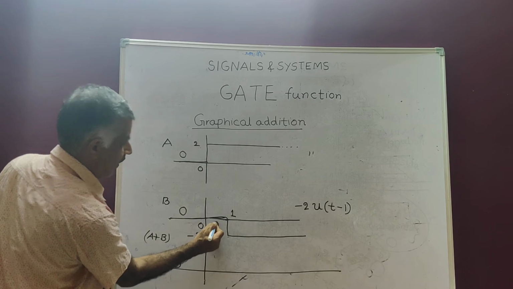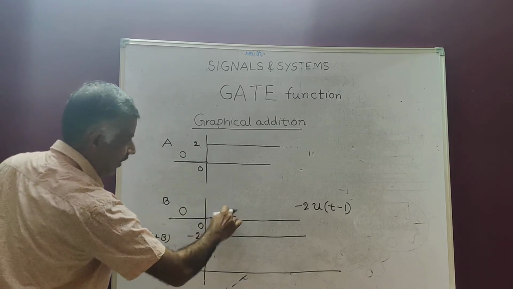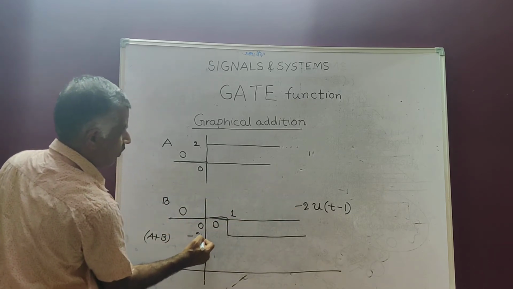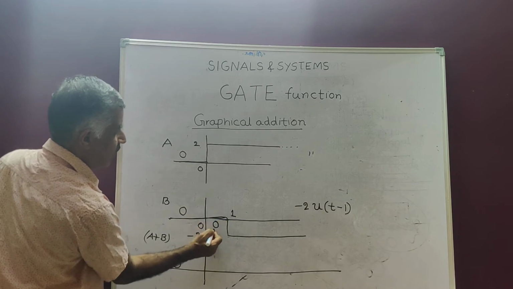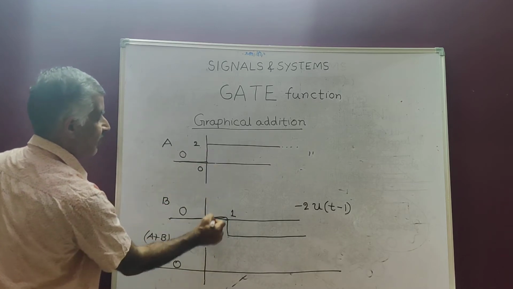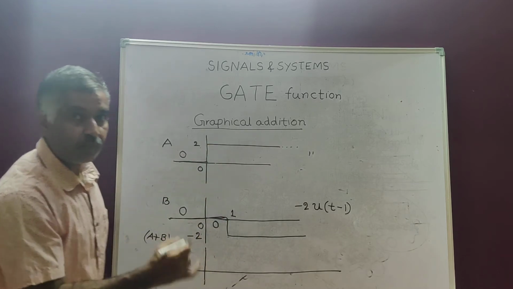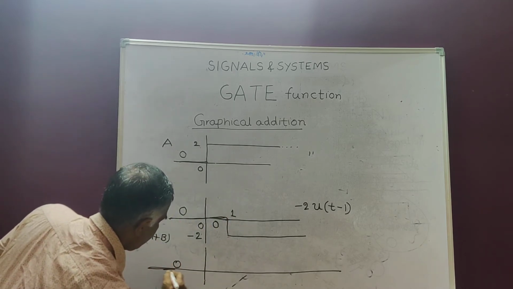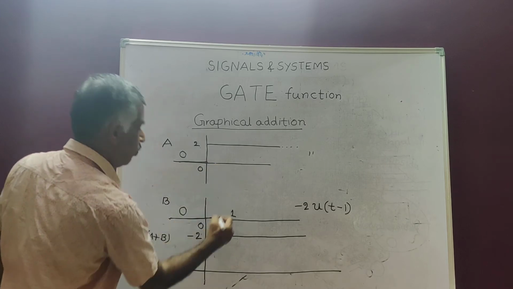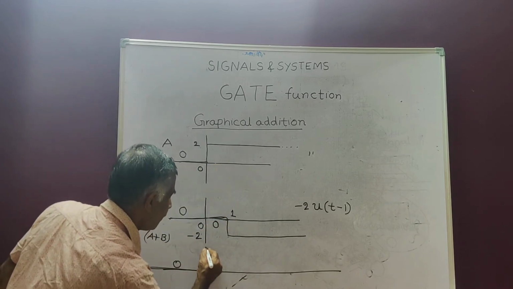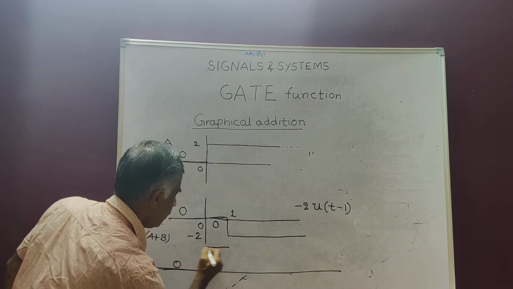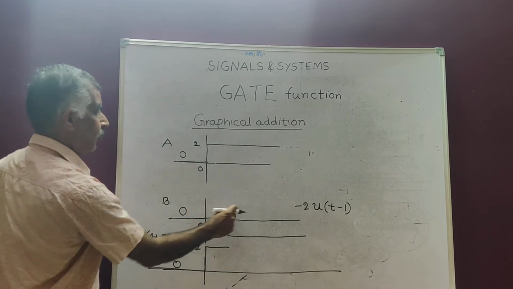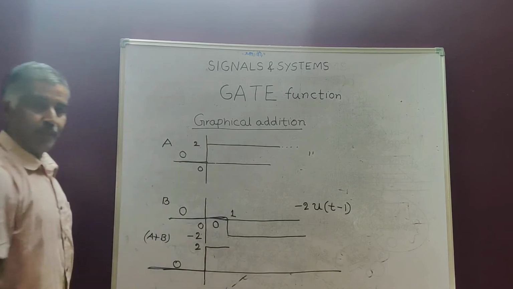After 1 onwards, it is minus 2. But between 0 and 1, its value is 0. What is 2 plus 0? 2 plus 0 is 2. Therefore, from 0 to 1, it is 2 plus 0, which is 2.